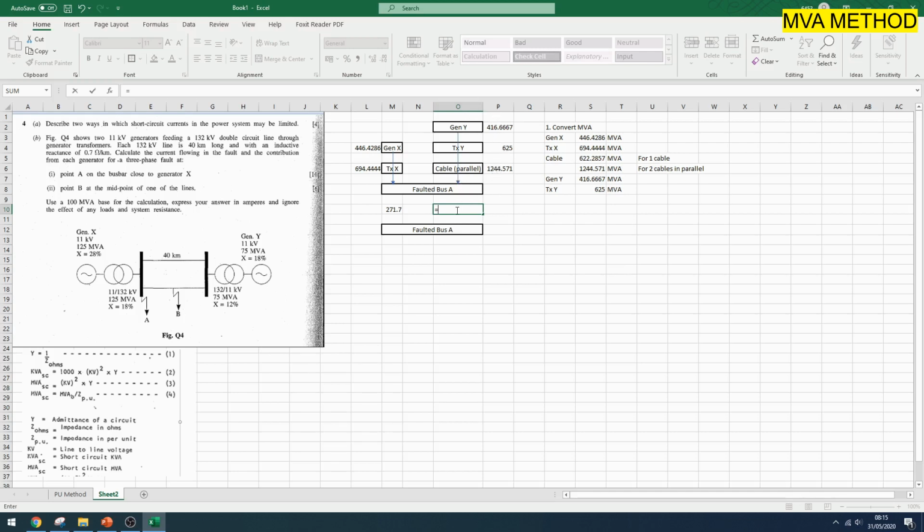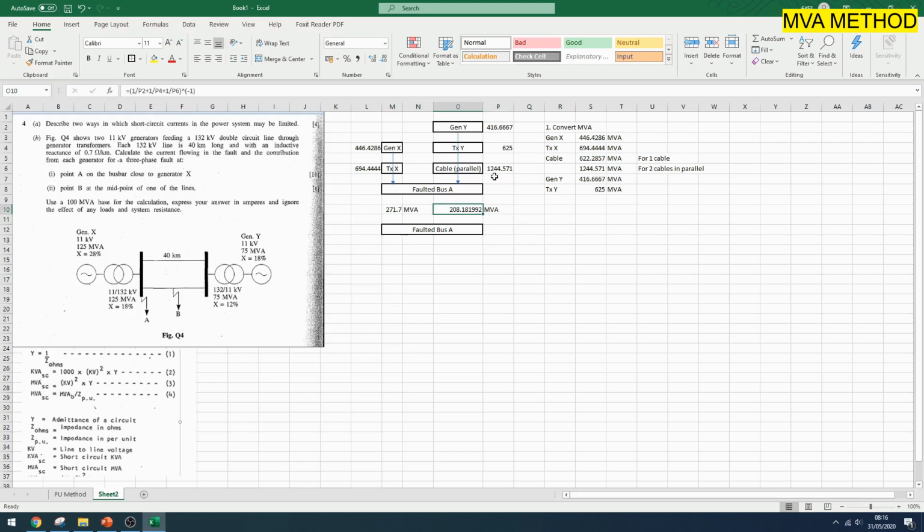I'm just going to simplify it further: 1 over this one plus 1 over this one plus 1 over this one, and you reciprocate it, to the power of minus 1. And that will be your MVA. So that is the fault level.